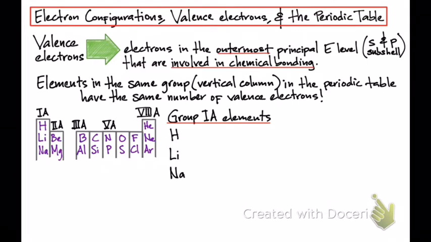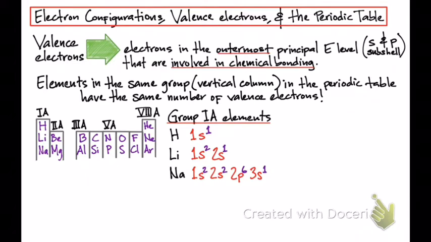So looking at the first group of elements in the periodic table, we have hydrogen, lithium, and sodium. Let's write out their electron configurations. For hydrogen, it's 1s1, right? Because hydrogen has one electron. For lithium, it's 1s2, 2s1. For sodium, it's 1s2, 2s2, 2p6, 3s1.